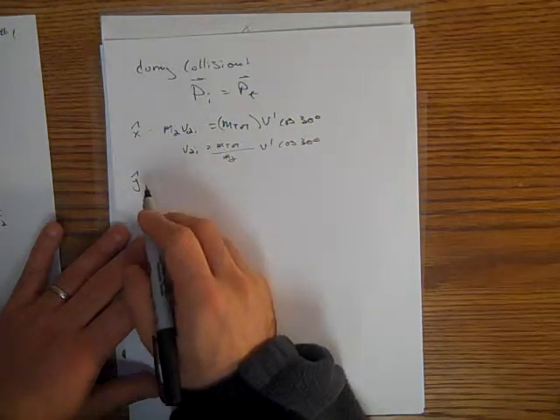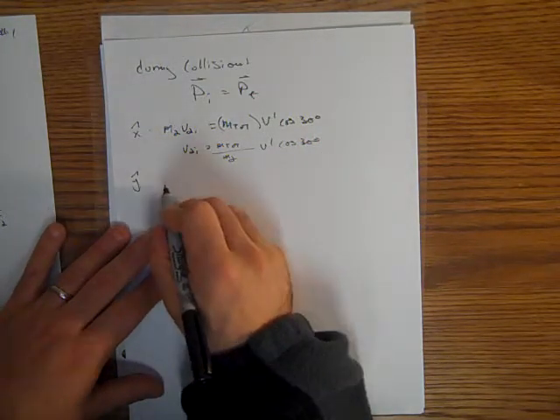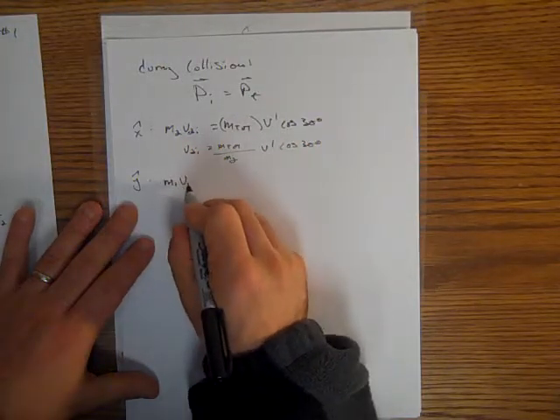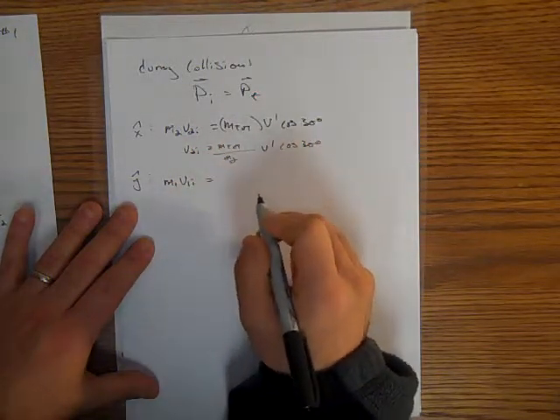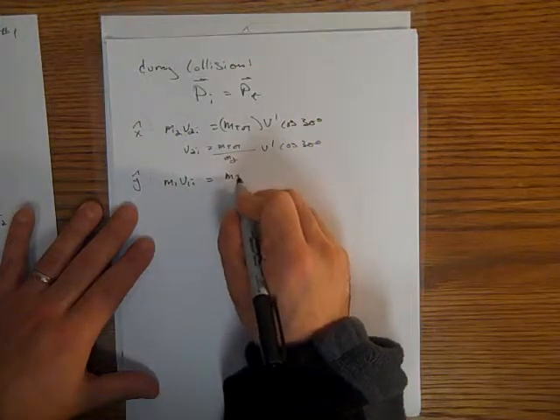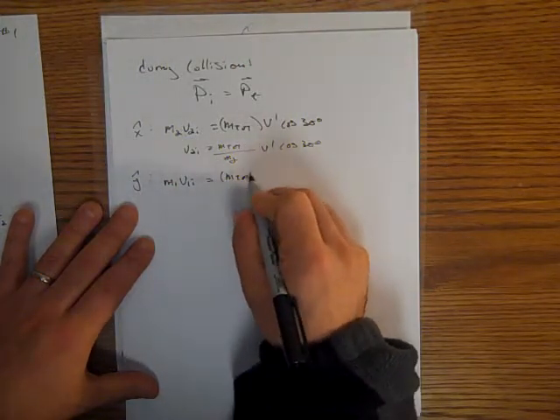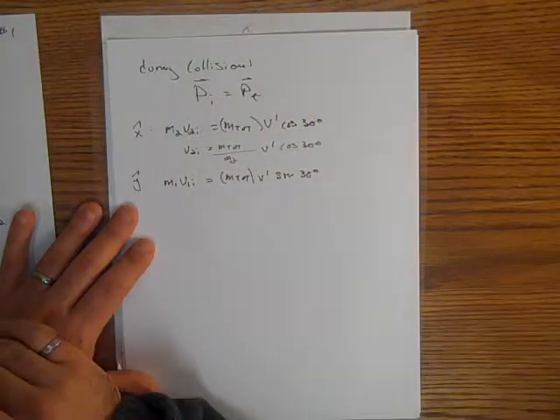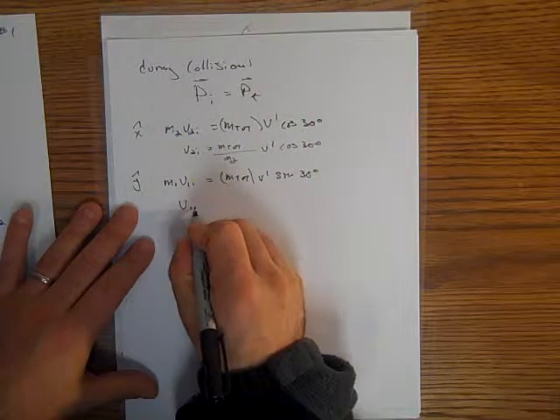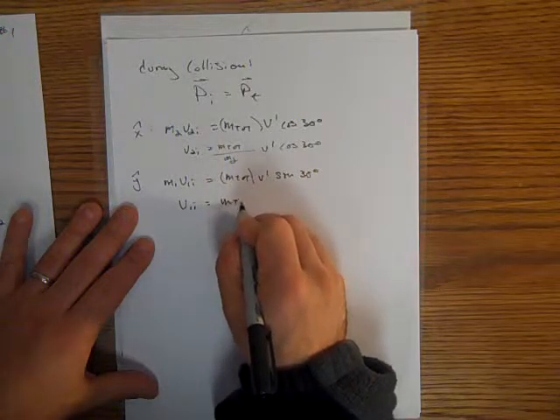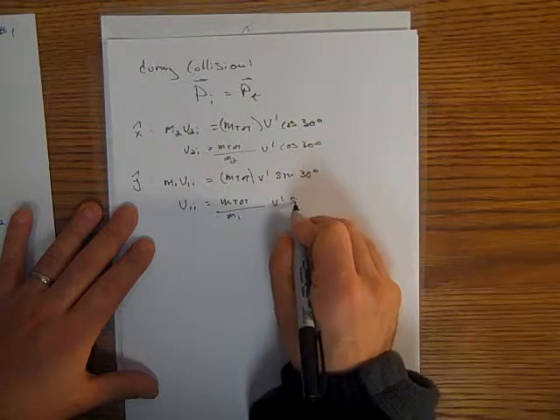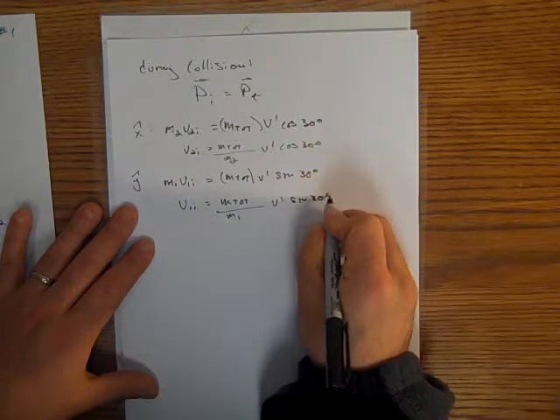In the y direction, initially it was just our friend's car, mass 1, v1 initial, equal to, at the end, the total v prime, and this time we get sine of 30. Or v1 initial is equal to m total divided by m1, times v prime, times sine of 30.